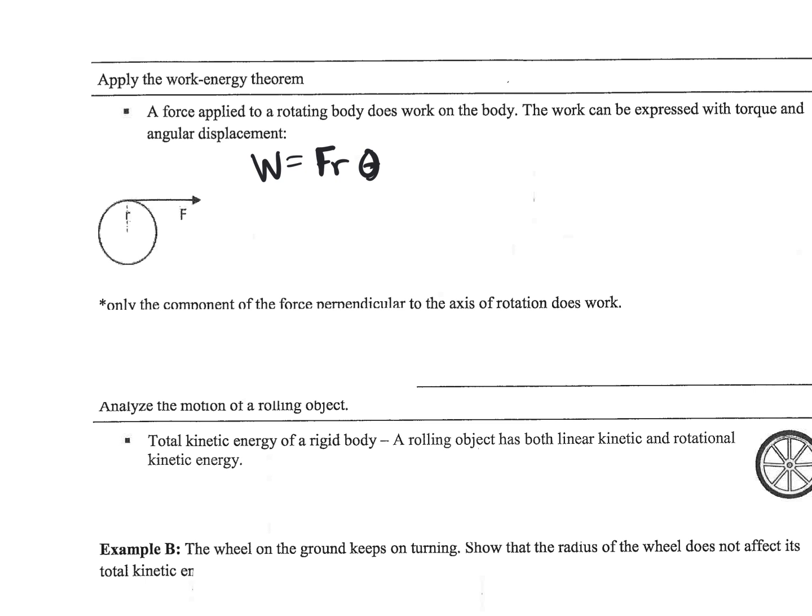Well, what is FR? Torque. So it is torque times theta, the change in the rotational angle. And remember, work is also the change in kinetic energy. So the change in kinetic energy is torque applied over some angle. That's really what this means.